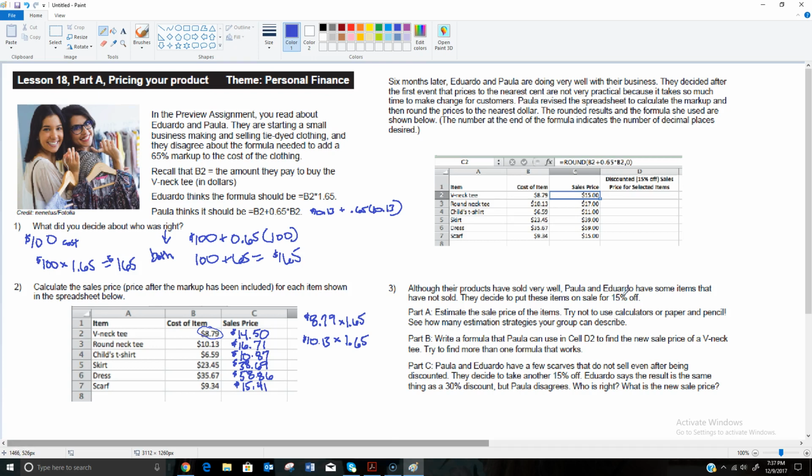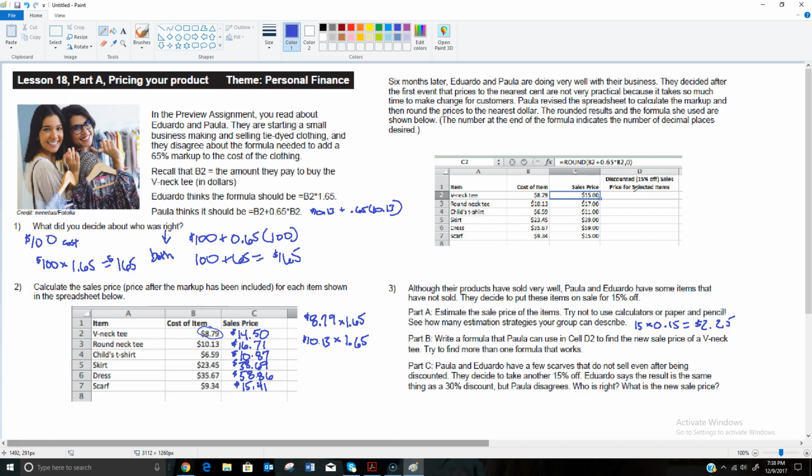So 15% off would be 15 cents for every dollar. So if it's $15, I'm not going to worry too much about the estimating here, but if I take 15 times 0.15, then I'm going to get $2.25, and so that's how much I'm going to take off.